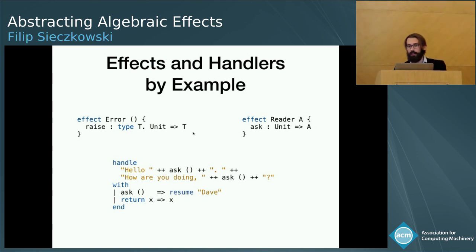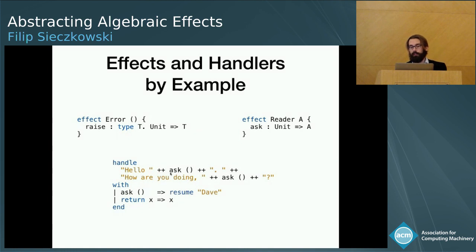And on the right-hand side, we have an effect of a reader, which has one operation ask, and this is the reader monad known and loved by the Haskell crowd. And we can use these operations simply in the code, like so. And the control, basically just the handle construct that's wrapped around this string concatenation, is an evaluation context.